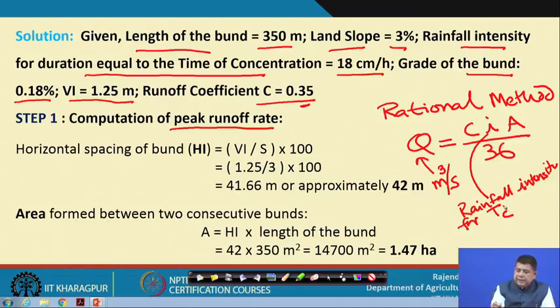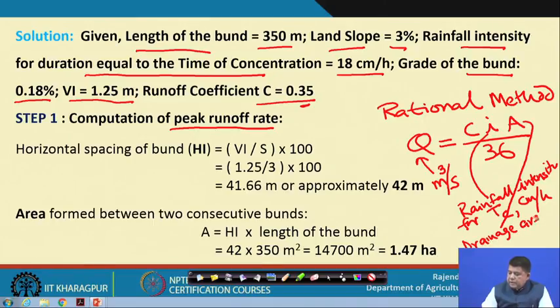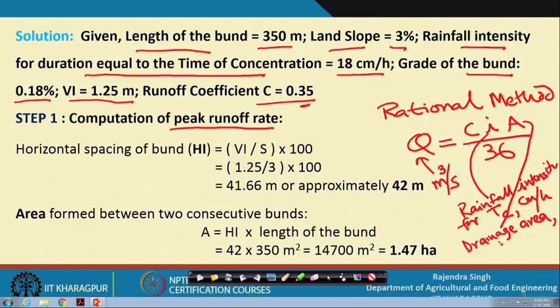We have been given rainfall intensity in the problem, and the unit here is centimeter per hour, and A is the drainage area, and the unit used here is hectares.